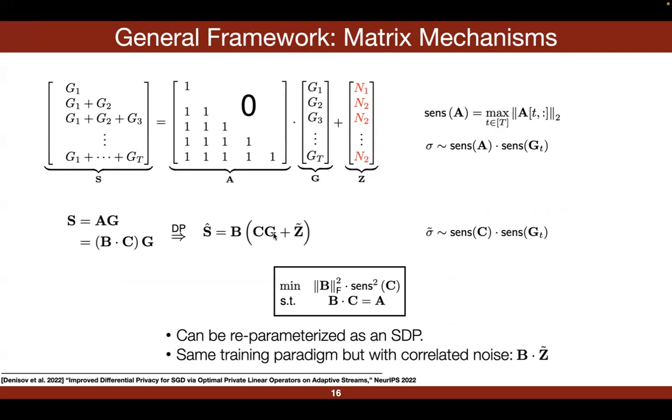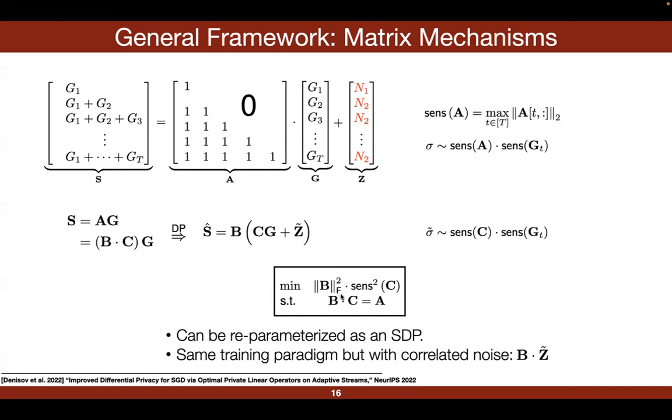I see. Yeah, if you have arbitrary adaptivity, then it's likely this type of factorization may not be optimal, because if you have some adaptivity, you can maybe construct some pathological case such that adding this type of noise is not optimal. But for independent gradients or independent non-adaptive GTs, this approach is optimal.